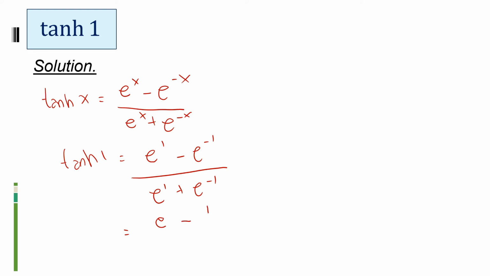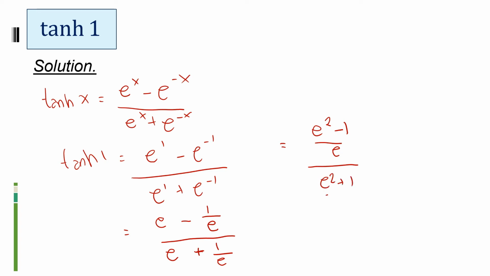E raised to negative 1 is the fraction 1 over e. So we have e minus 1 over e all over e plus 1 over e. Or that is equal to, okay, let's make similar fractions. So we have e squared minus 1 over e all over e squared plus 1 over e. So the e's cancel. The final answer now is e squared minus 1 all over e squared plus 1.